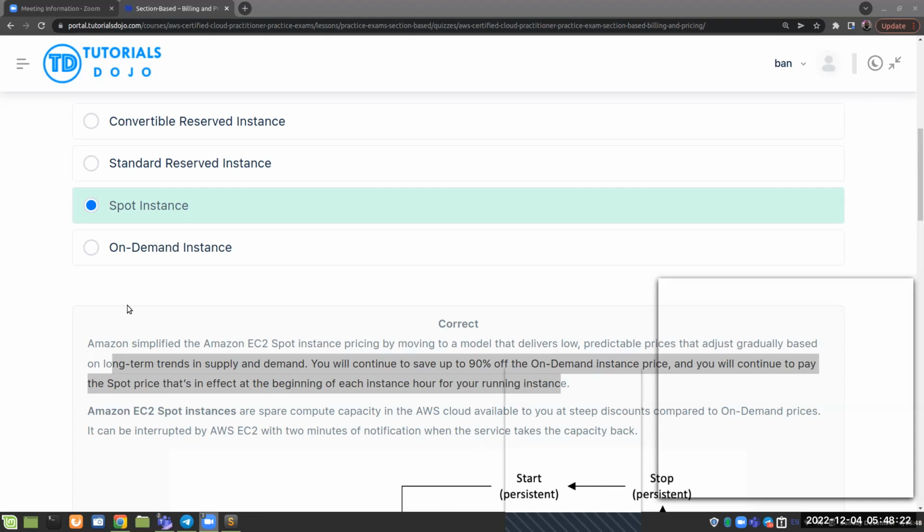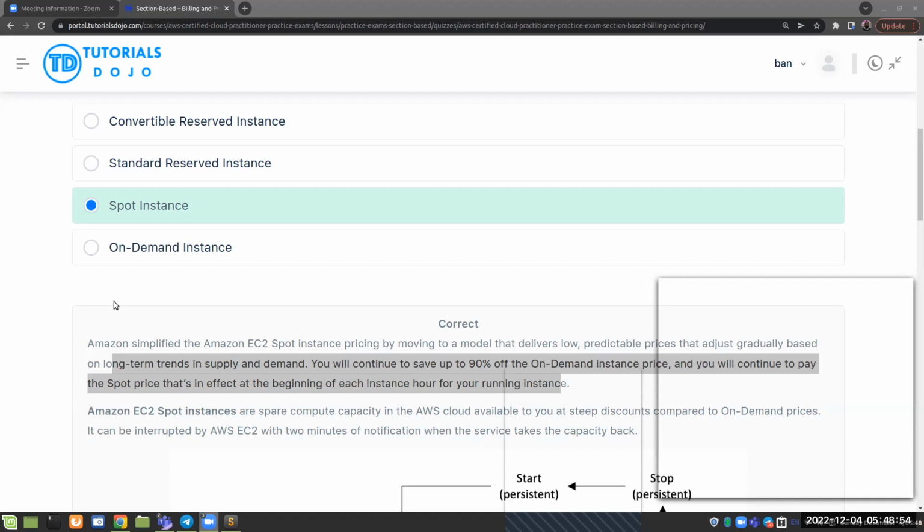So at times when people have launched instances and there is still enough space, when I say enough resources, that's the right word, to launch more instances, and people are not using it, then they will advertise it as spot instances. So spot instances come from available resources that are not in use.